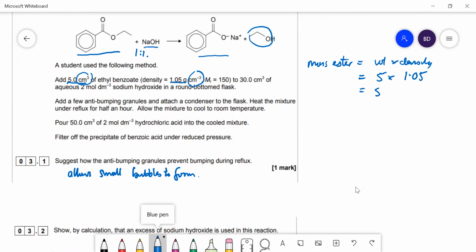That's equal to 5.25 grams of the ester. So the moles of the ester, that's going to be equal to the mass divided by the MR. So the mass is 5.25, and the MR, they tell us, is 150, which is equal to 0.035.